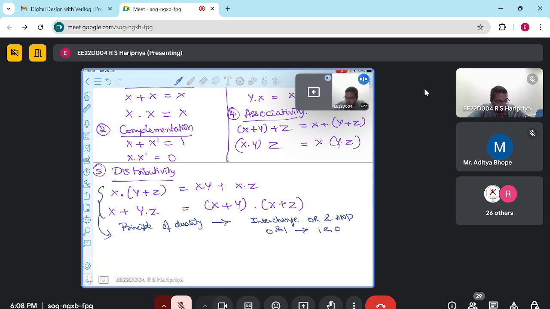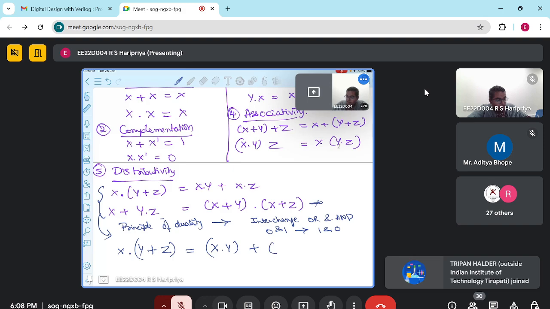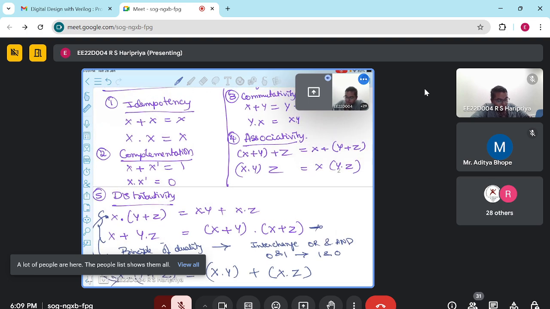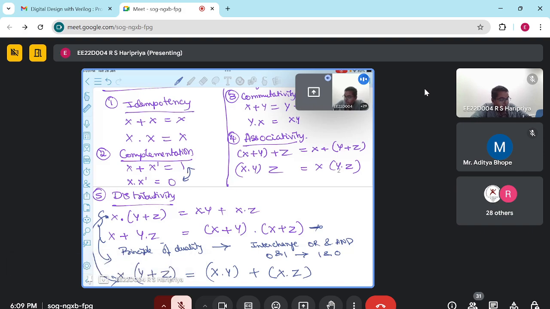If we consider this distributive property, x OR should be changed with AND, y OR to AND. I am replacing OR with AND, so we obtain this particular distributive property from the principle of duality. Similarly, it holds that 1 is changed to 0, 0 is changed to 1, and OR is changed to AND operation.